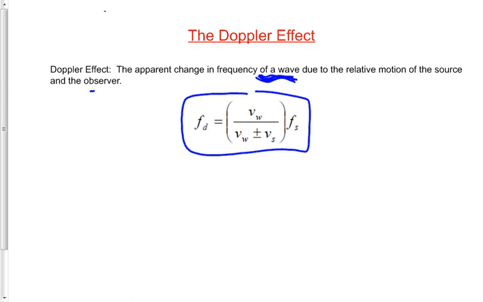So F Doppler would be not the actual frequency, but rather the perceived frequency or the apparent frequency. Good. So I'm going to write that down. It's the apparent frequency. We say apparent because the frequency is really still the same. Whatever it was when it was produced is still what it is. We just don't hear it as what it is. We hear it as something different because of the relative motion. The units for that, by the way, would be what? Hertz.